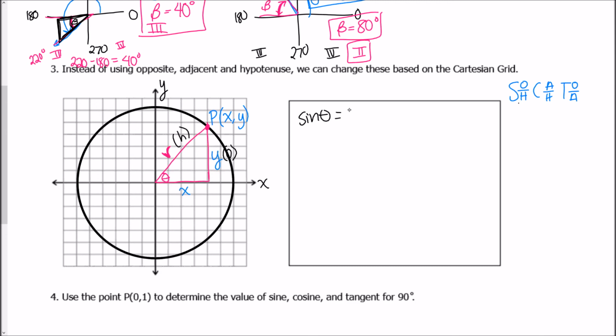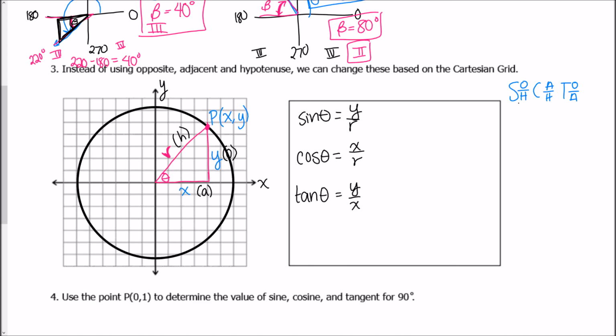So here the opposite is your y value and your hypotenuse is the r, always, okay? And cosine of theta is always the adjacent over the hypotenuse, so it would be x over r, okay? And the tangent of theta is always the opposite over the adjacent, or y over x, always.